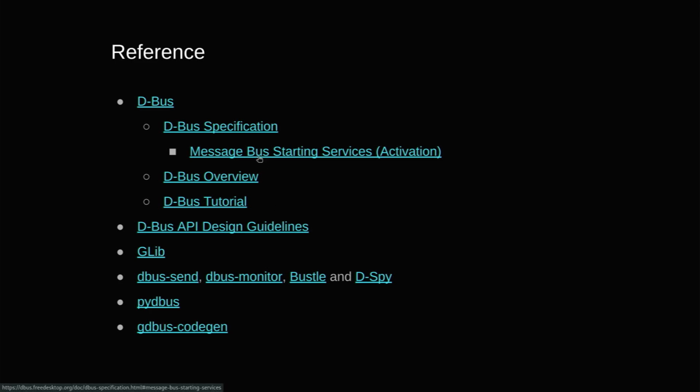And another thing is that the message bus can start services, like activation, which means if the GDBus server side has not been launched, but the client side wants to connect to the well-known bus name, but it does not exist yet because the server side has not been launched, and if you install the configuration properly, then dbus daemon can activate the GDBus server side process for you to ensure the resource exists there.